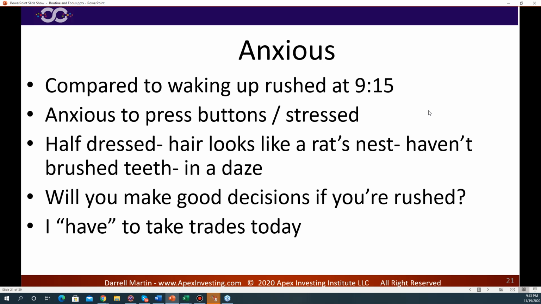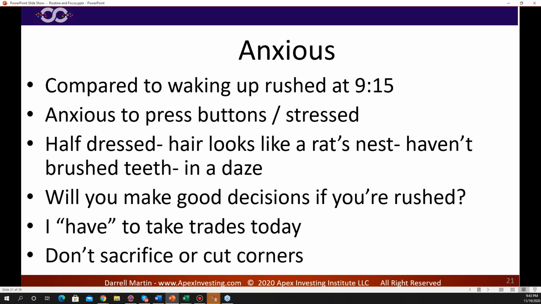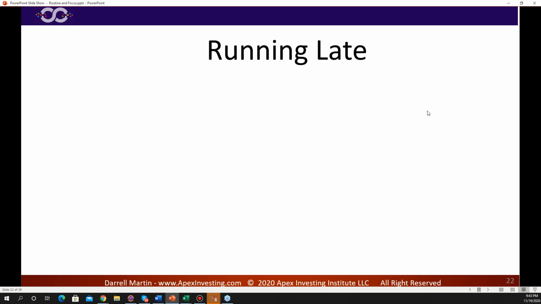They've learned to read themselves as much as they've learned to read the market and know this is not the right day for it. And you don't have to do anything. You don't have to trade. And if you're not in the right state of mind, you're going to sacrifice and cut corners, and guess what that's going to cut into? Your account.